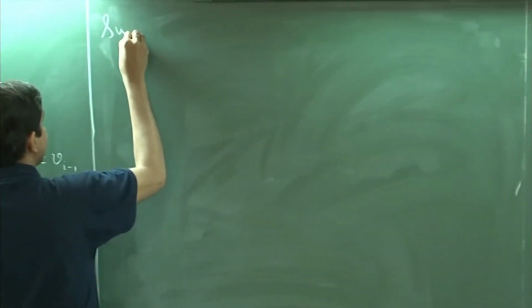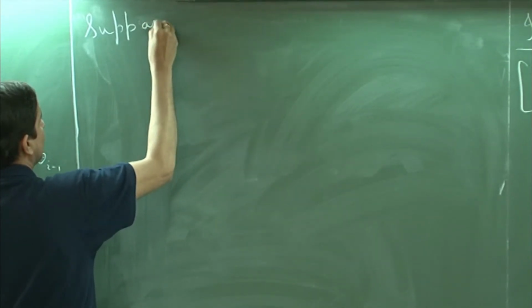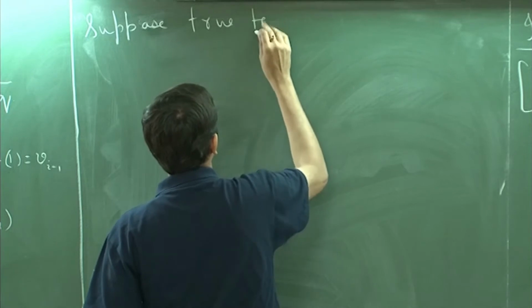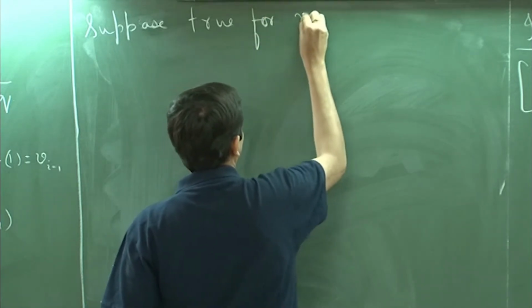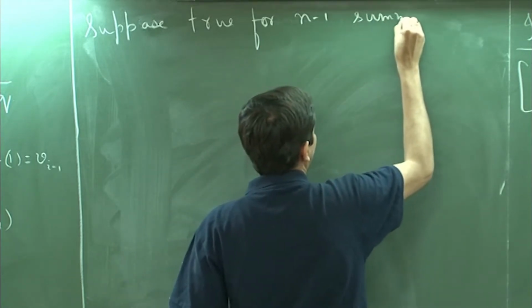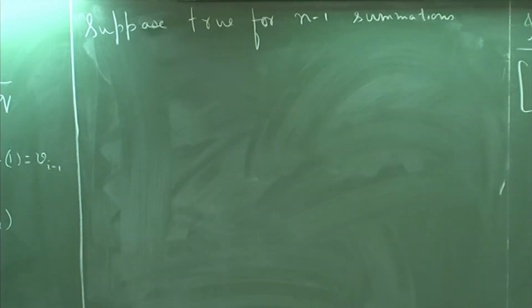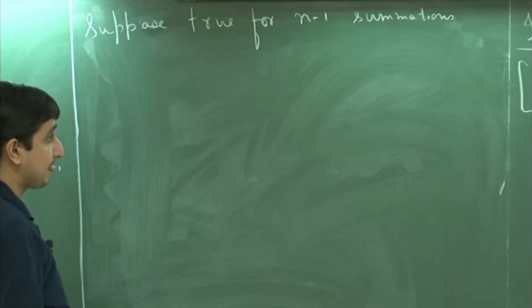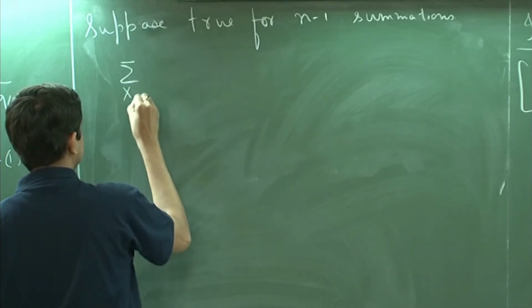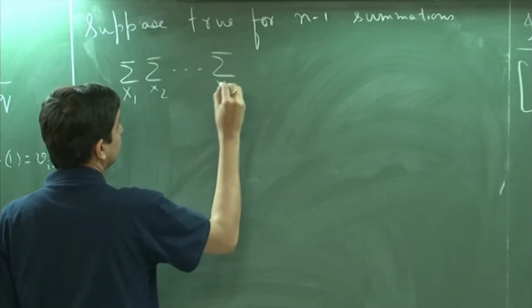Suppose what we are claiming is true for n minus 1 summations. Now let us look at a case where we have sigma x1, sigma x2, through sigma xn.